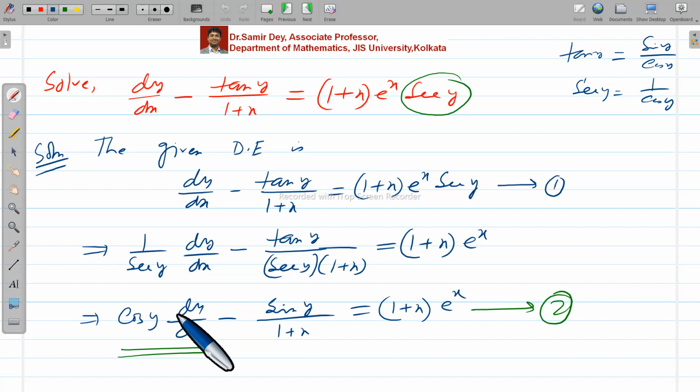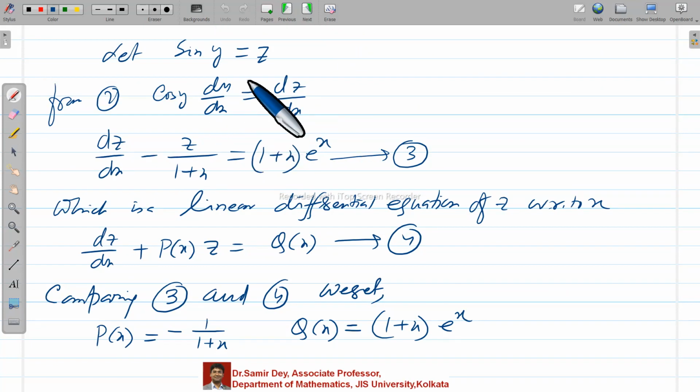If it is not coming, that means there may be some incorrect part in your calculation, so you should revise it. So after getting the derivative, you substitute in equation number 2, we get equation number 3. Basically, it is a linear differential equation of z with respect to x. Now if you have a linear equation, you already know how to solve it.